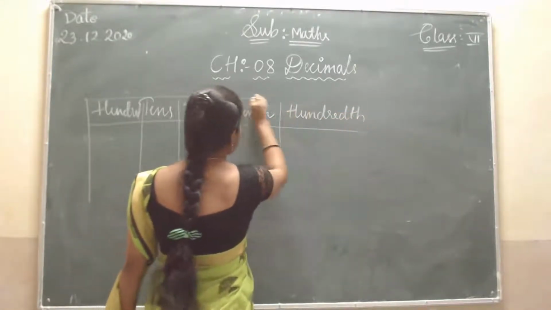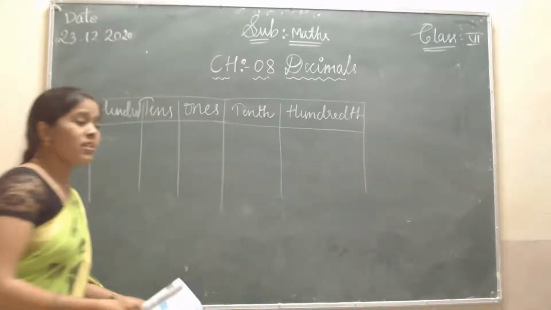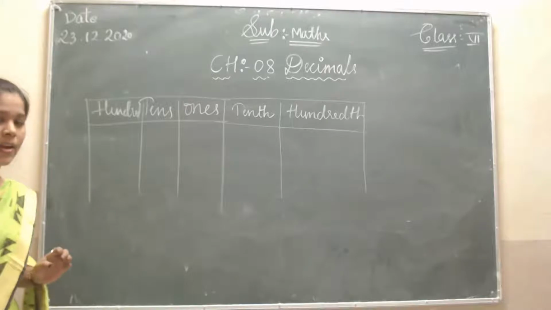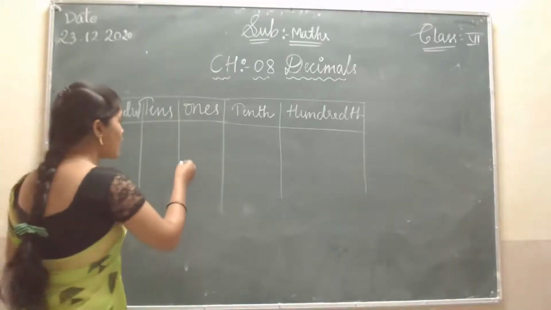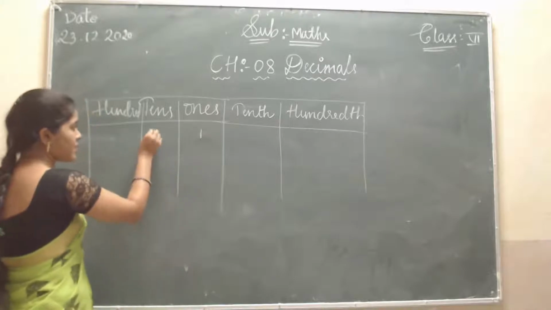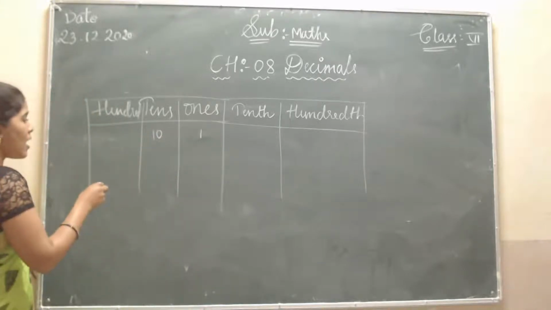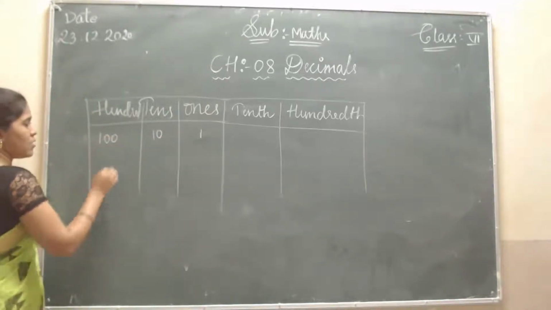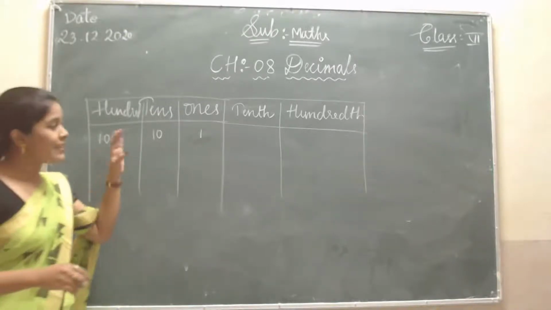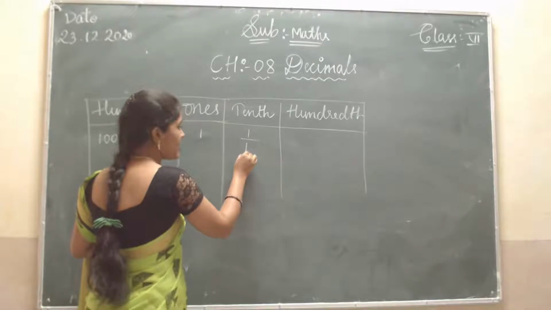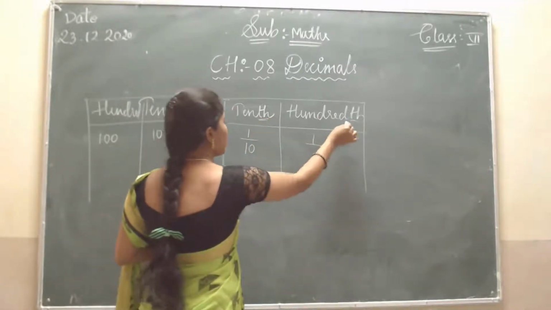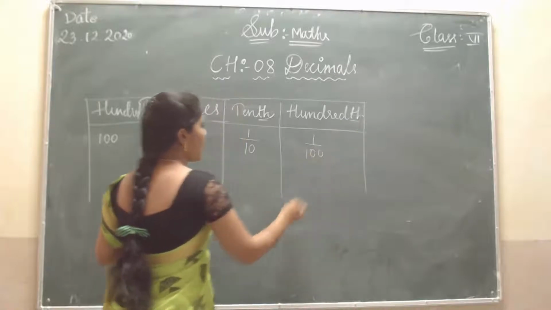We have learned ones, tens, hundreds in the small classes. Here we will learn the right side part. Ones means 1, tens means 10, hundreds means 100. On the right side, tenths means 1 by 10, and hundredths means 1 by 100.